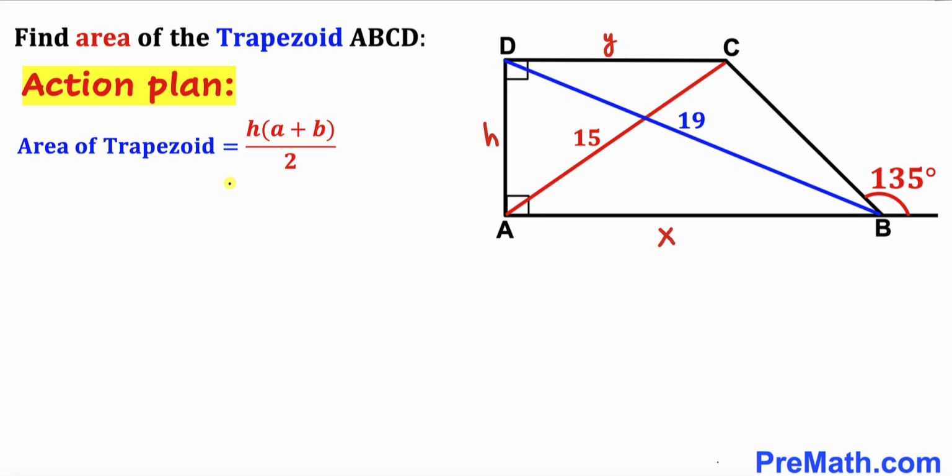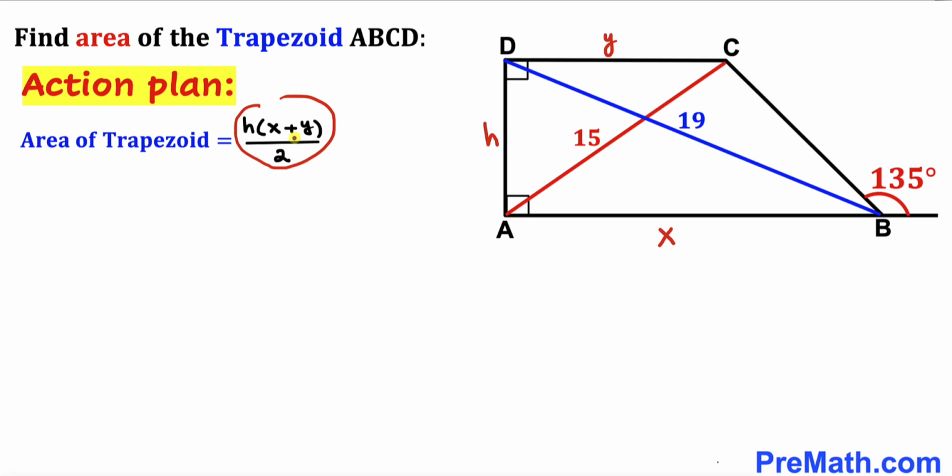Then the area of this trapezoid ABCD could be written as height h, and our bases this time are x plus y, all over 2. So therefore now our task is to find the value of h times x plus y divided by 2.